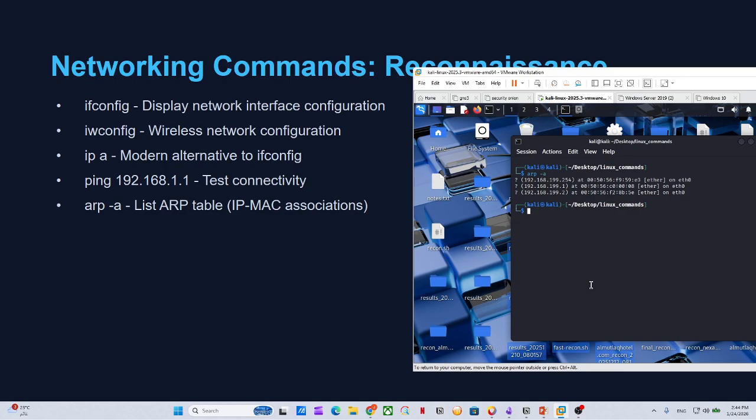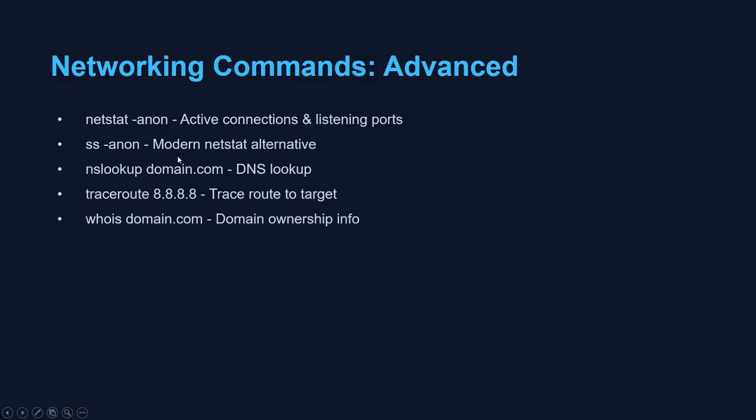And it's going to list all the advanced commands we have here. We have netstat -tulpn, active connections and listening ports. This command is actually useful because it will help us if we get into a system, a network or a company, and we were able to access the company PC.